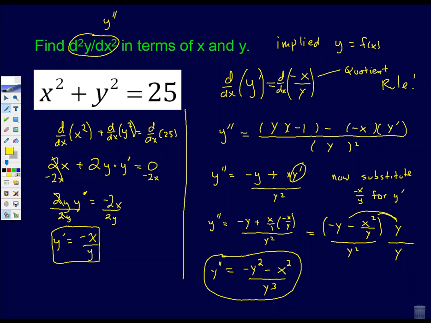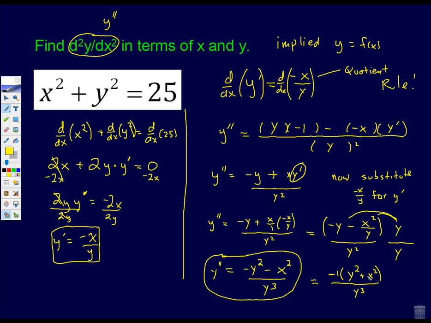Now, sometimes clever students will notice other things you can simplify here. Please don't feel like you need to go digging and looking for this, but notice something really clever in this answer. If you factored out the minus sign in the numerator, it would leave you with the expression y squared plus x squared all times the negative 1. And look at that.